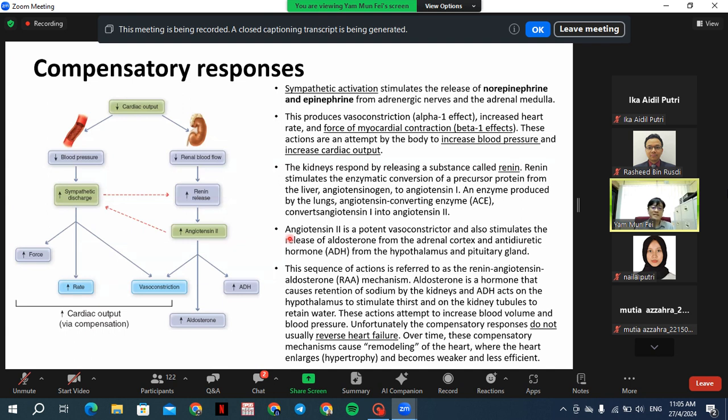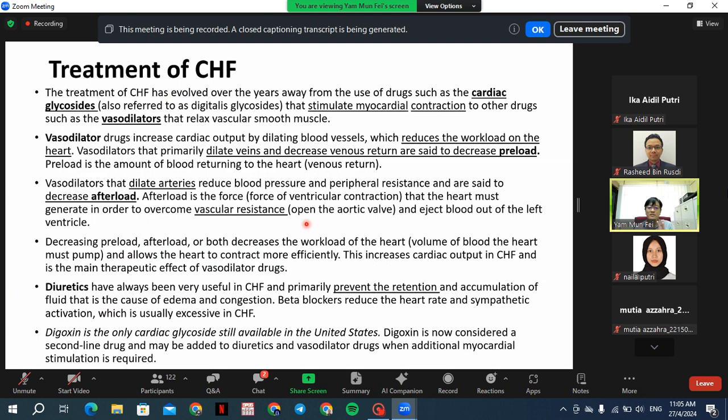It's automatically done by your body. For the short term, you can overcome the condition. For the long term, it might harm you, until the end your heart cannot pump anymore, and then you might face certain death.